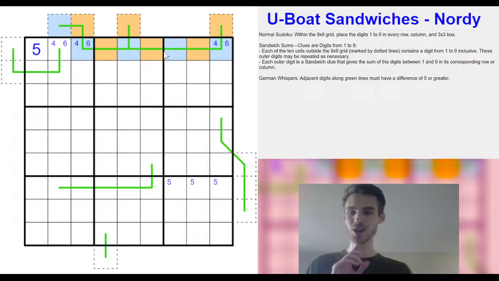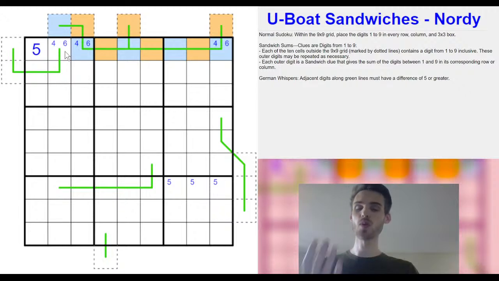Yes, they're the same parity on the German whispers line, exactly. There are 4 orange digits in the row, and 3 orange digits in the row, and there are 4 high digits and 4 low digits. So this digit is orange, and in fact must be a 4 or 6, because these two are the same parity, so they can't both be 4.